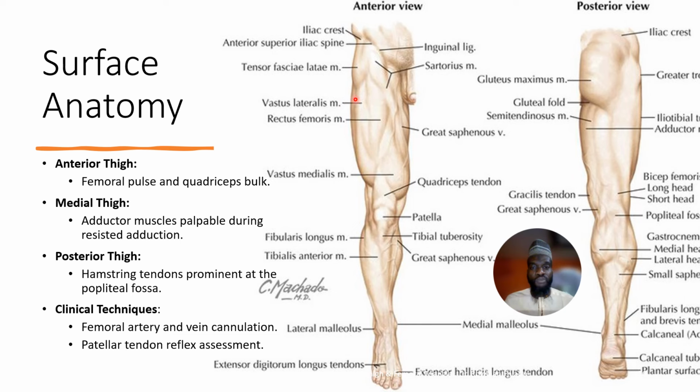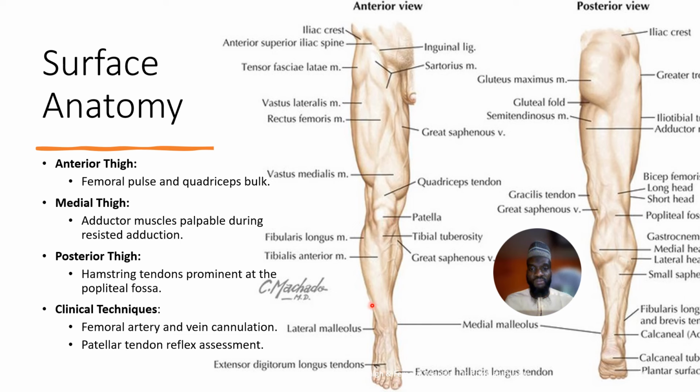Here of the quadriceps bulk we mentioned, the vastus lateralis is lateral here, the rectus femoris is the one in the middle, and the vastus medialis is on the medial part. Here is the tendon of the quadriceps, running close to the patella.